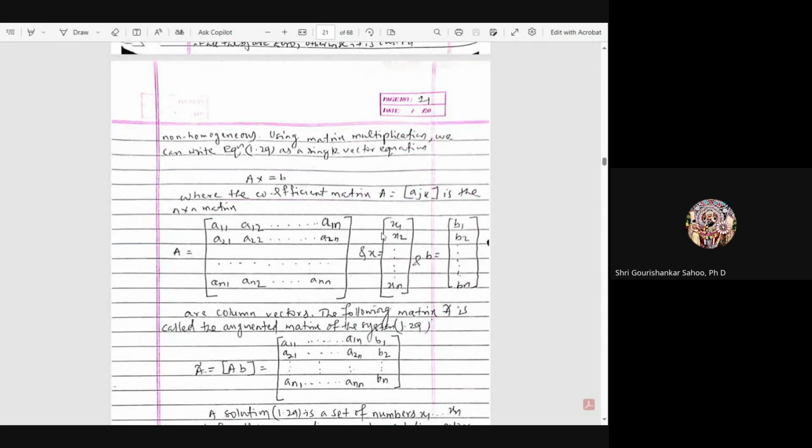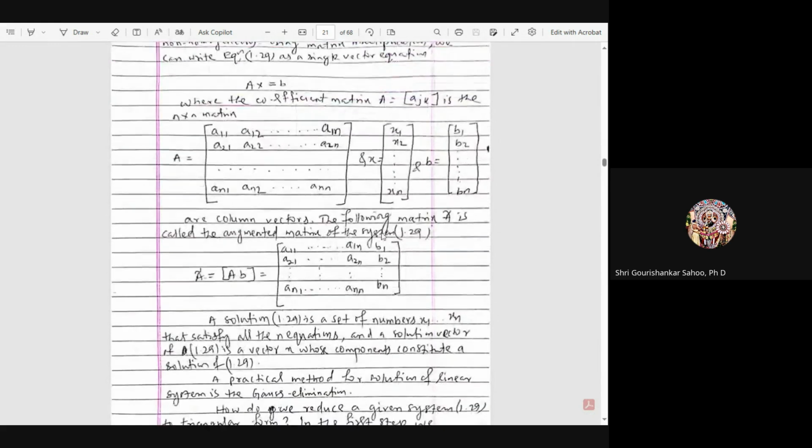So using matrix multiplication, we can write a single vector equation, that is Ax is equal to b, as shown in the screen.